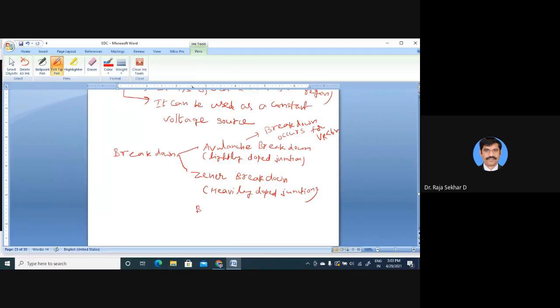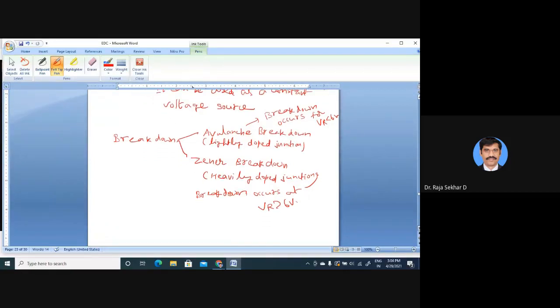And here, breakdown occurs at VR greater than 6 volts, reverse bias voltage greater than 6 volts. Have you noted these points?